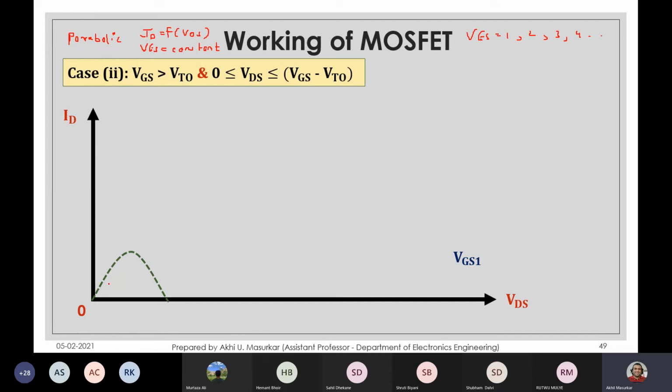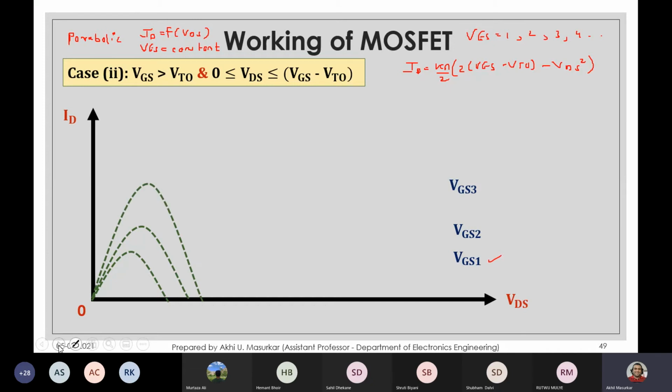If I substitute the values, ID is Kn by 2 times (VGS minus VTO) times VDS, minus VDS square. So you can see that for some value of VGS1, I'll get some maxima, and then ultimately the curve should fall. For some other higher value of VGS, it goes to a higher value, and again it comes back, and so on, there is no end to it.